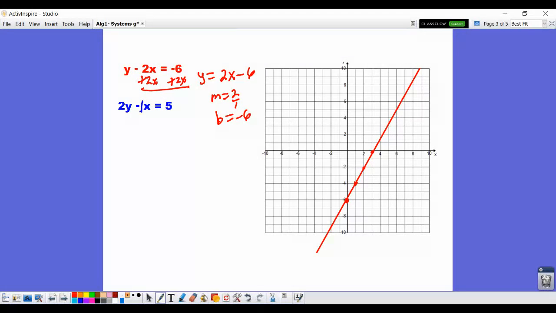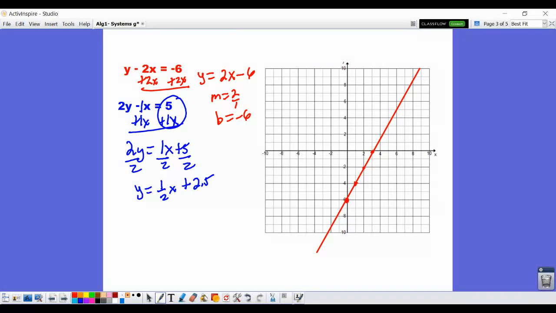Okay, now this one, when I'm solving the blue one, remember that is a negative 1. So 2y, if I add my 1x, then 2y is going to equal 1x plus 5. Remember, these are not like terms. They're just going to drop. Dividing by 2, y equals 1/2 x plus 2.5.